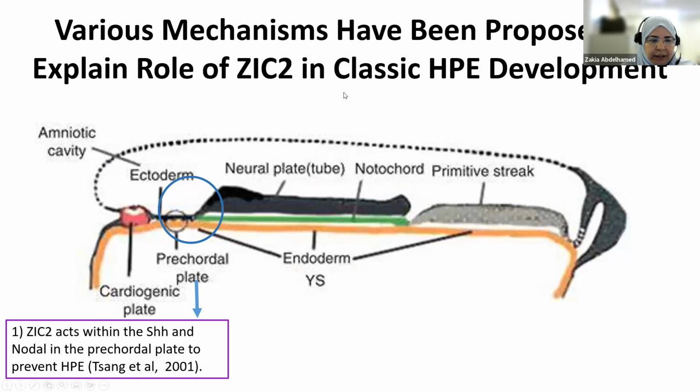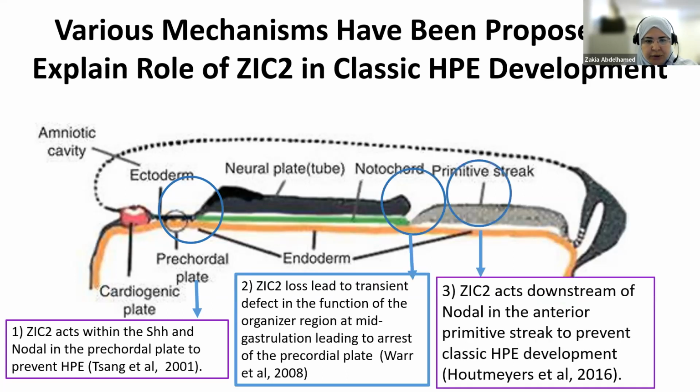And this slide is showing how controversial in the literature the role of ZIC2 in ventral forebrain development is. A group in 2001 showed it is in the prechordal plate, downstream of sonic. Eight years later, another group showed that no, it is much earlier than the prechordal plate stage of development.